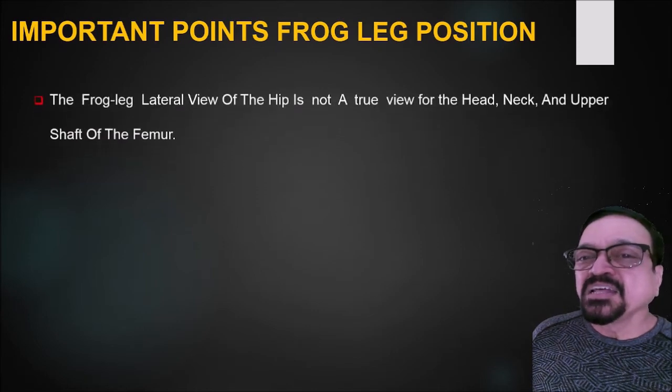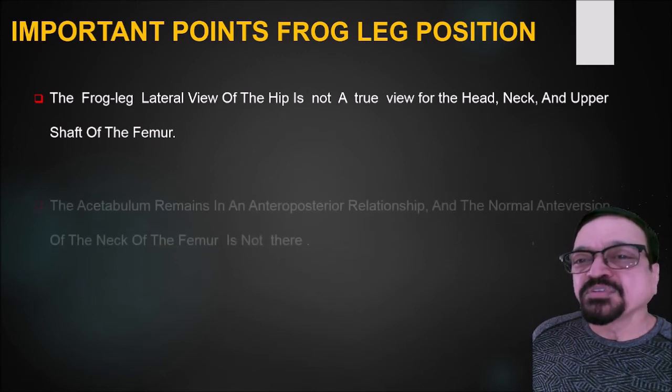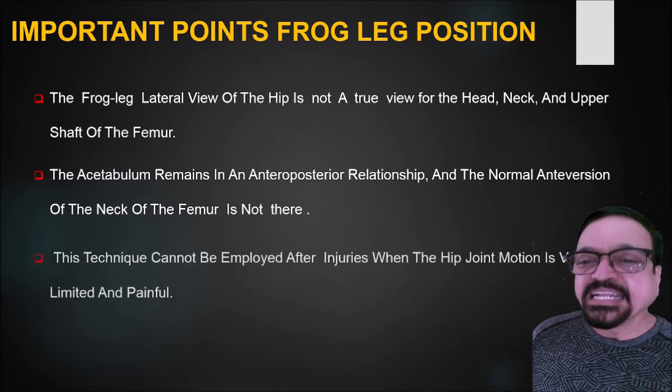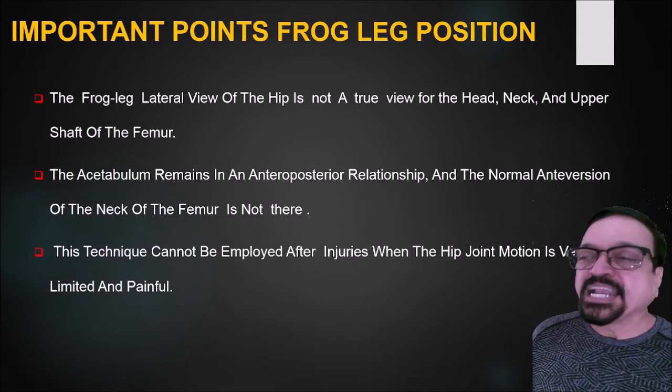The frog leg lateral view of the hip is not a true view for the head, neck and upper shaft of the femur. All three will be distorted here. The accurate anterior posterior relationship and a normal anteversion of the neck of the femur are not there. The technique cannot be employed after injuries when the hip joint movement is very limited and painful.